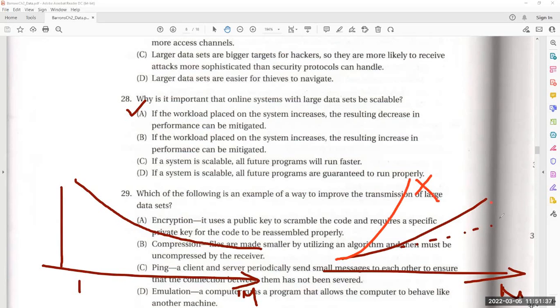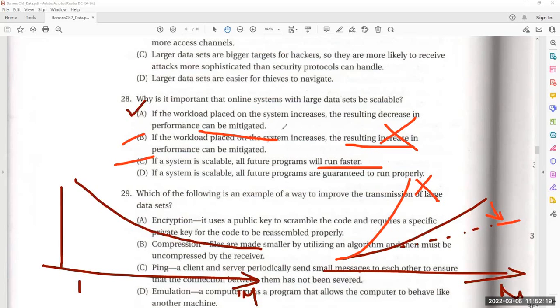So we try to keep it as close to the linear curve as possible. The resulting increase in performance is totally impossible. You cannot make a data set bigger and then have performance increase. So if a system is scalable, the future program runs faster? No. When your system is scalable, you add more data, it will be slower, but will not be super slow. So the resulting decrease in performance can be mitigated. That's the answer. Is that okay?